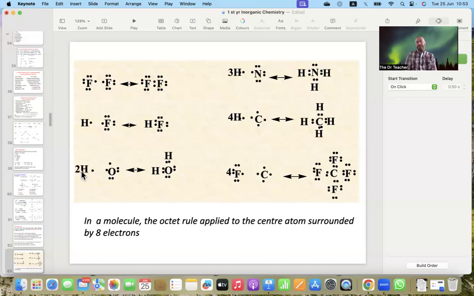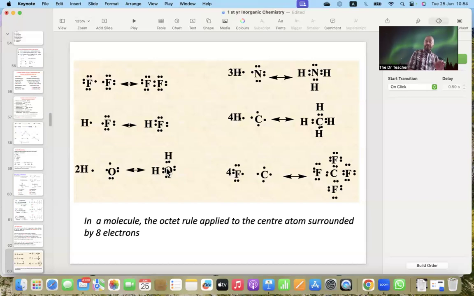Oxygen and 2 hydrogens. Similarly, oxygen is 1s2, 2s2, 2p4, so it has 6 electrons outside: 2, 2, and 2. These 2 single electrons will form single bonds with hydrogen, and the other 4 electrons will remain as 2 lone pairs, and the water becomes an octet.